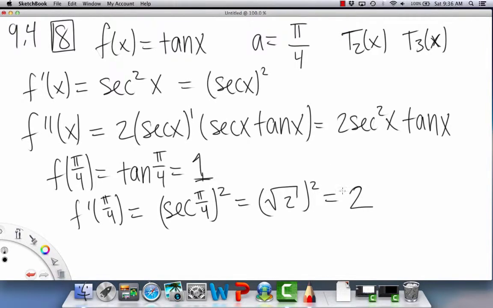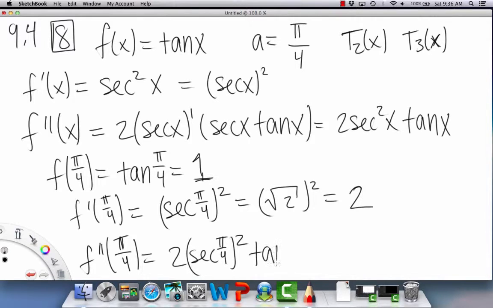Then f double prime at pi over 4 equals 2 times secant pi over 4 squared times tangent of pi over 4, which is 2 times 2 times 1, which is equal to 4. On the next slide, I'm going to put it all together.